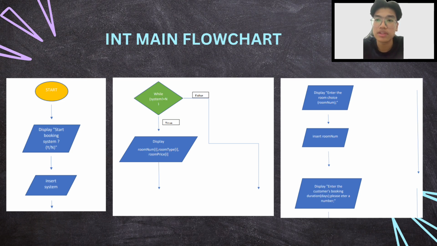Okay, so we insert the room number, and then the program displays enter the customer's booking duration days. Please enter the number, which is the number of days that the customer wants to stay. Then we insert the duration.